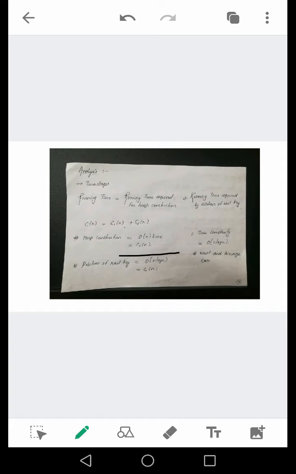And the time required by the deletion of the root node is the order of n log n. So the time complexity for heap sort is the order of n log n, in both the worst and the average case.